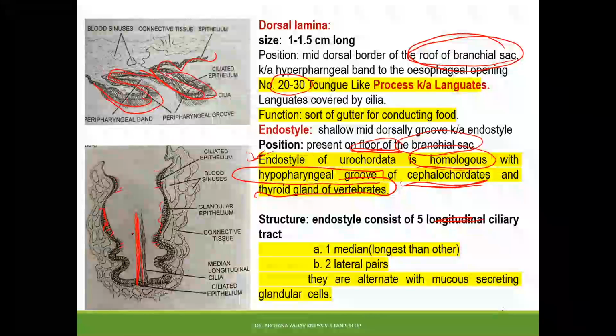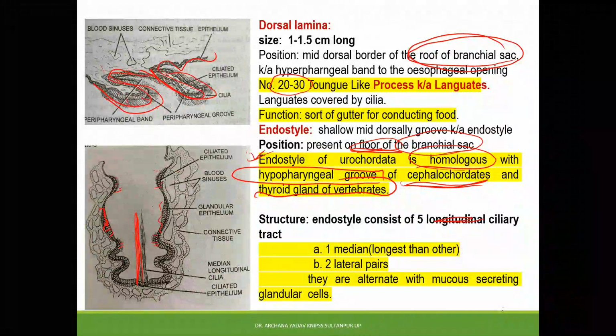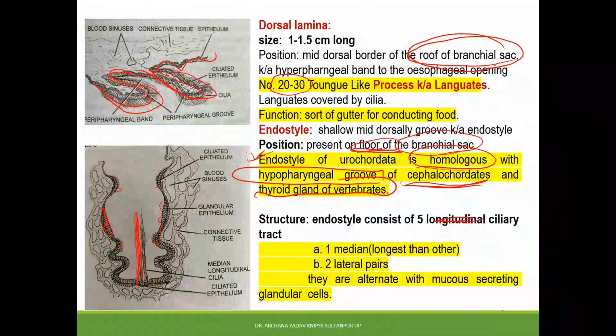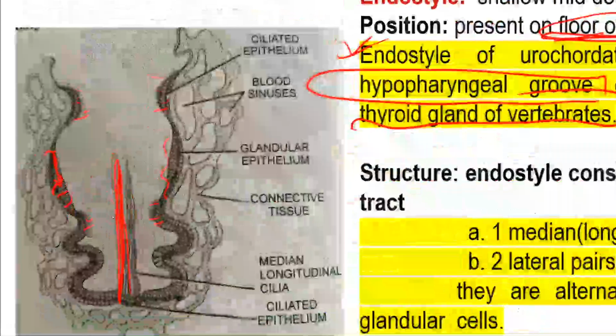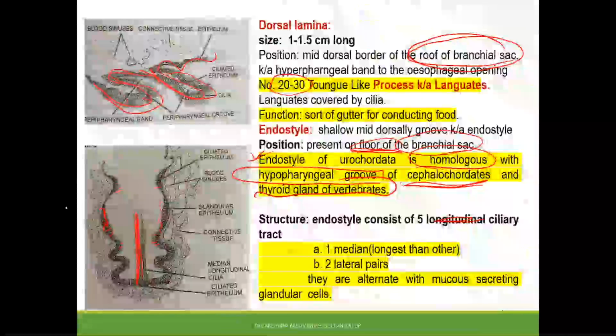One median cilia is the longest, and the other 2 are lateral pairs. They are present in an alternating manner with mucus secreting gland cells. These are mucus secreting gland cells.